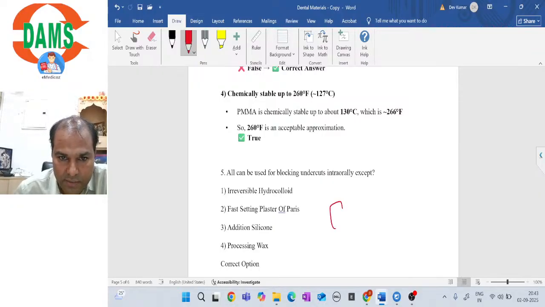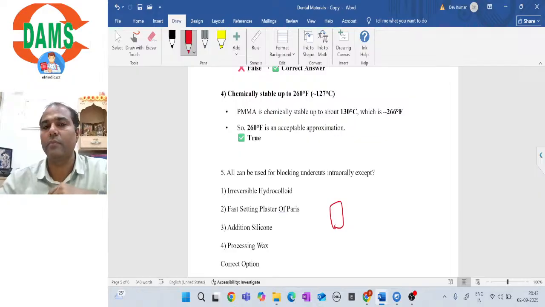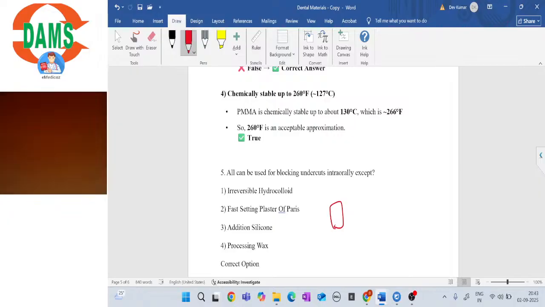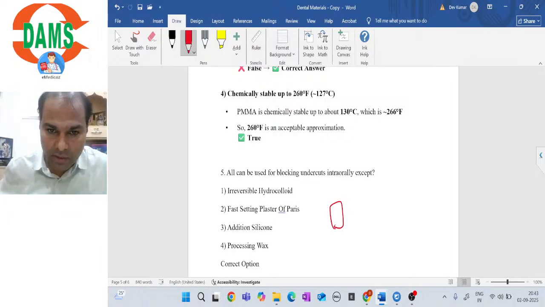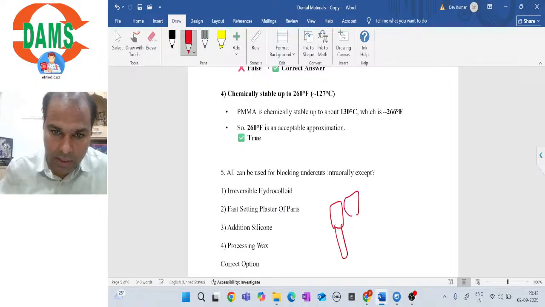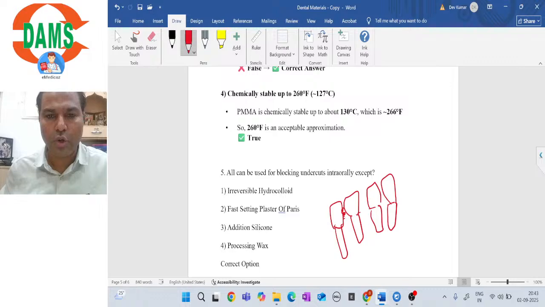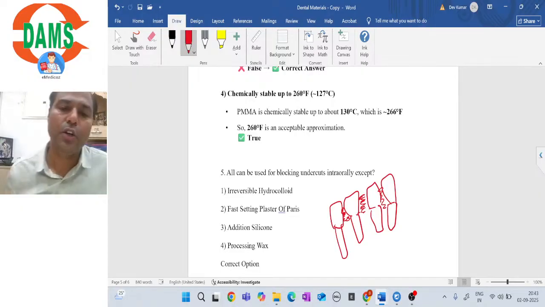If there are lots of undercuts, for example a lot of spaces between the teeth, a lot of periodontal conditions, then before taking the impression we can use cotton placed in the undercut so that the impression material doesn't go into it and the impression can be easily retrieved.